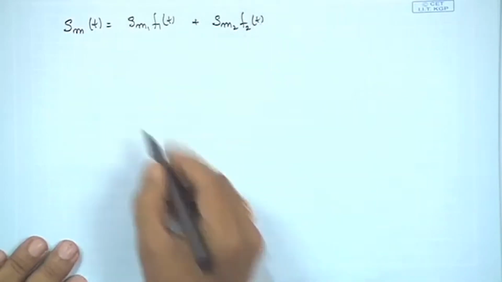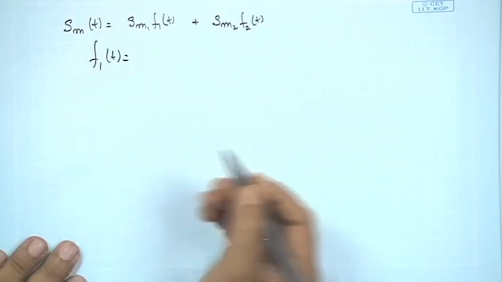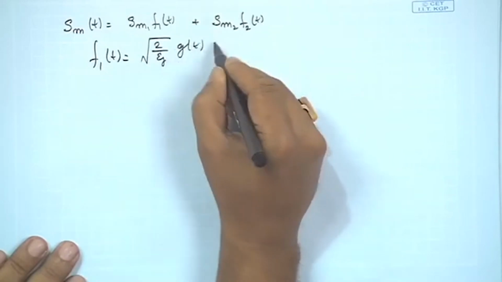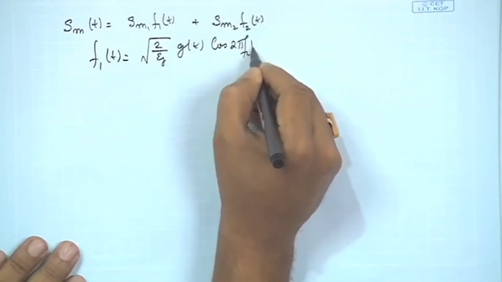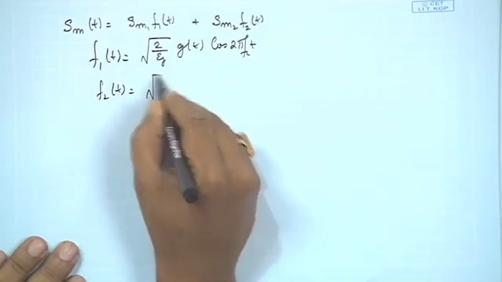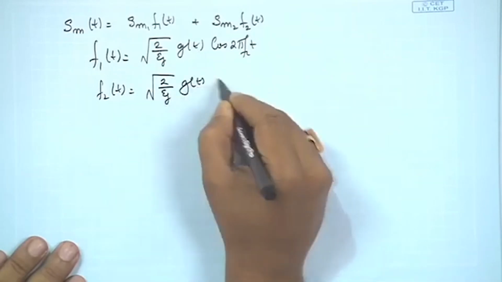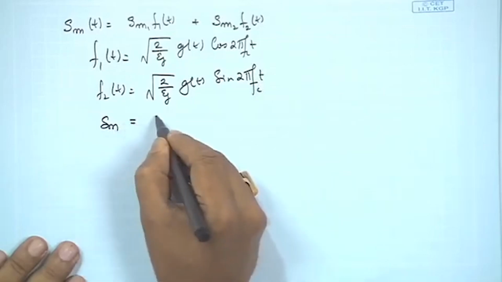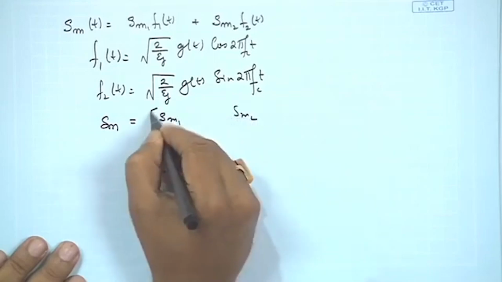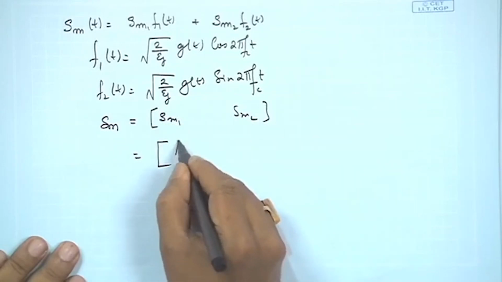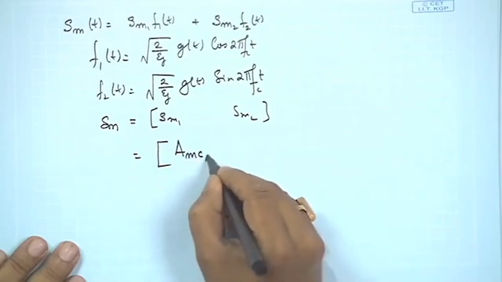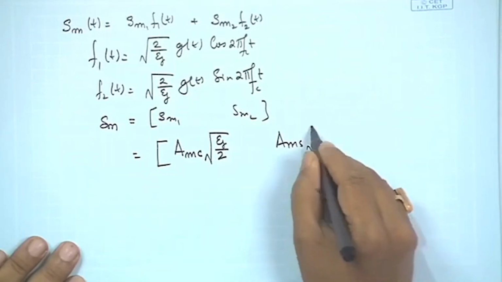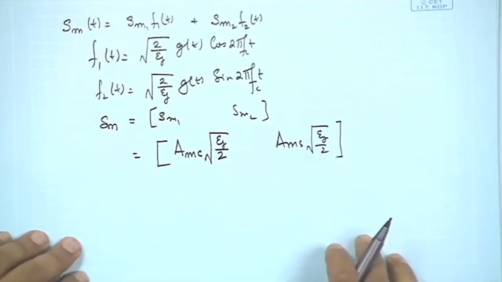which I would mark by f1 and f2, and I could write f1, similar to the case of PSK, as square root of 2 over Eg times g(t) cos 2 pi fc t, and f2(t) is square root of 2 over Eg g(t) sin 2 pi fc t, and s_m could be written as (s_m1, s_m2) in the vector notation, where s_m1 would be the amplitude of the cosine component along with square root of Eg by 2, so that it normalizes, and similarly for the sine component with root Eg by 2.